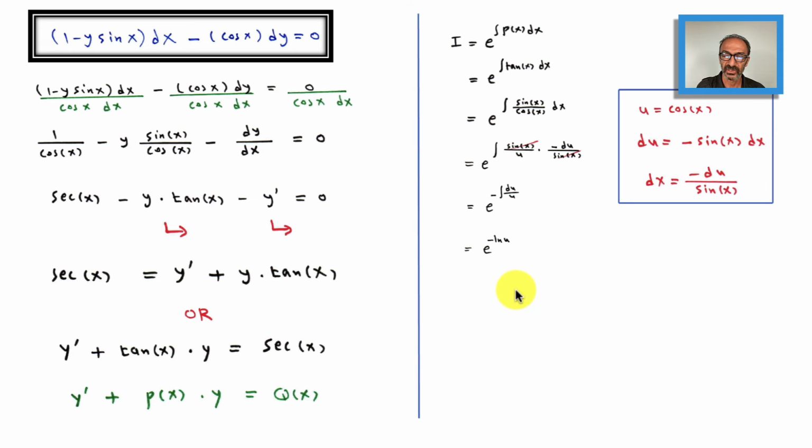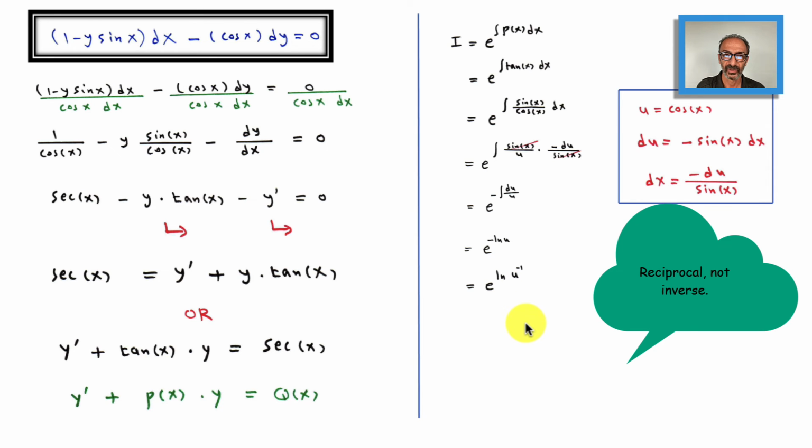By log properties, taking the minus inside, I can see that e and ln are directly next to each other, so they cancel. And I end up with u to the power negative 1, which means the inverse of u. I said to the power -1, but I mean the reciprocal.